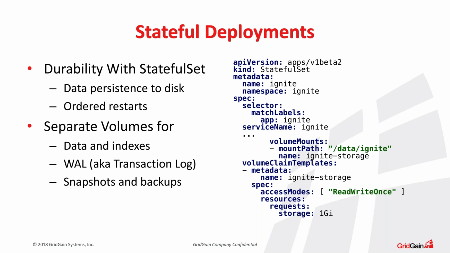This is relevant for some of the disk-based databases that require you to restart the pods in a special way. This parameter is irrelevant for Ignite, because in Ignite it doesn't matter what the order of your Ignite pod restarts would be, if you need to do that.